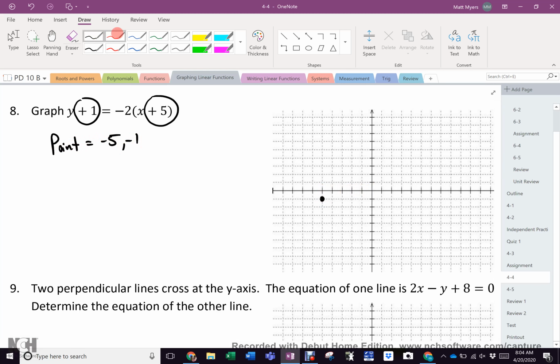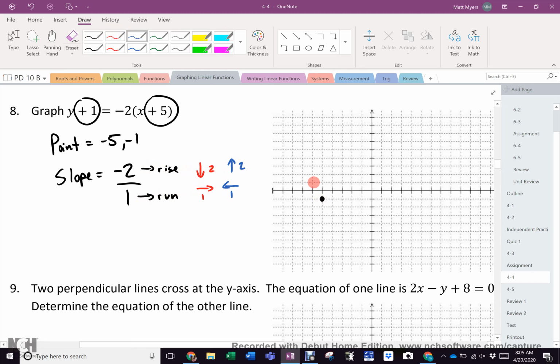And then my slope equals negative 2. But remember, negative 2 is always over 1. That's my rise. That's my run. So remember, I can go down 2 and right 1, or I could go up 2 and left 1.